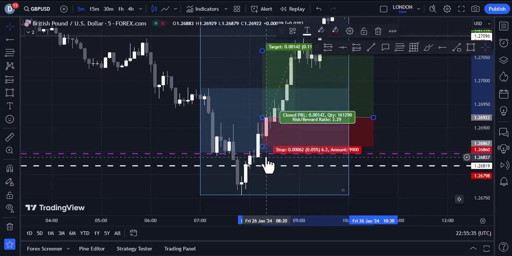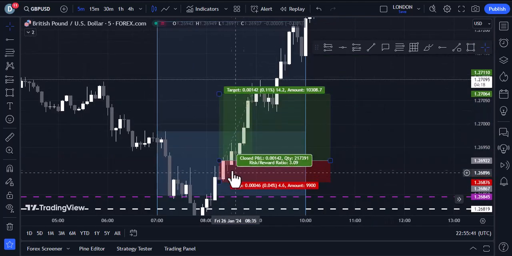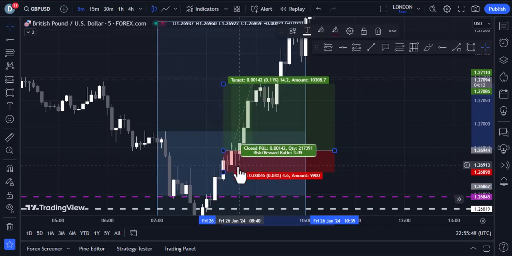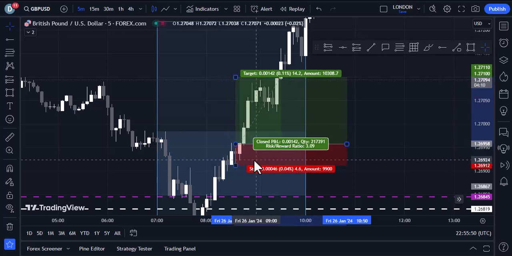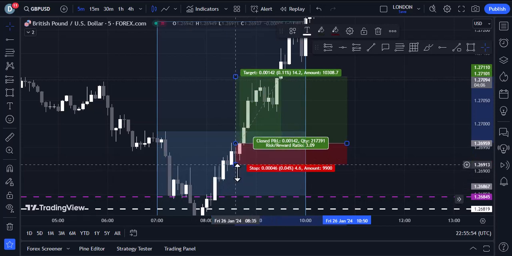All right, on this particular candle, on this white candle. Okay, so this is another entry again, and then right after another possible entry, right after another entry again. So that is what, 1, 2, 3, 4 possible entries.